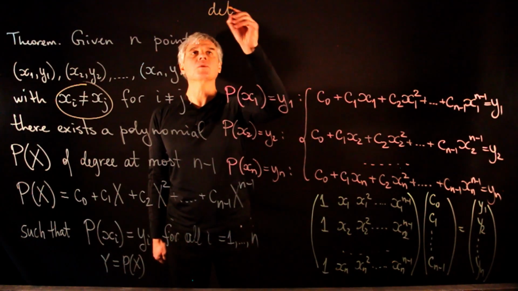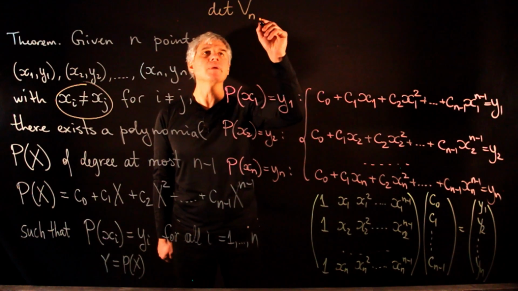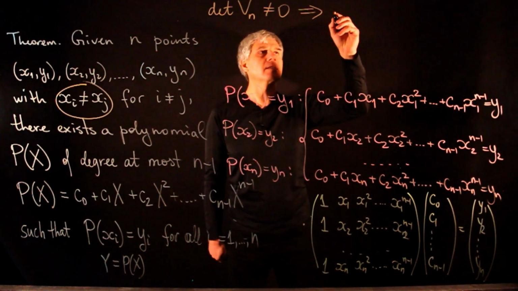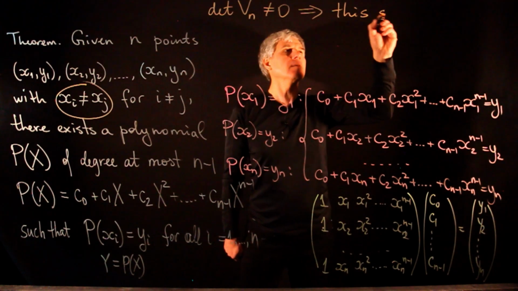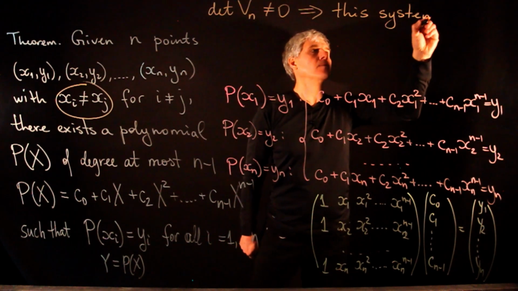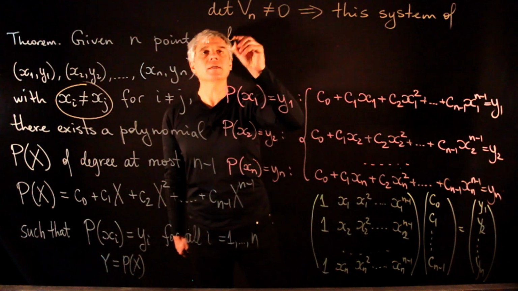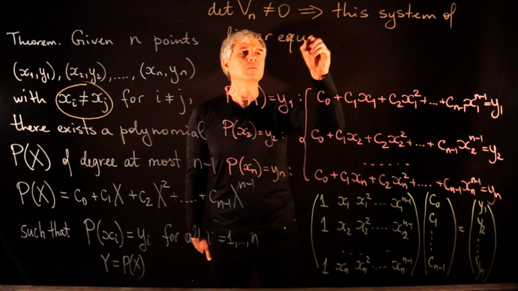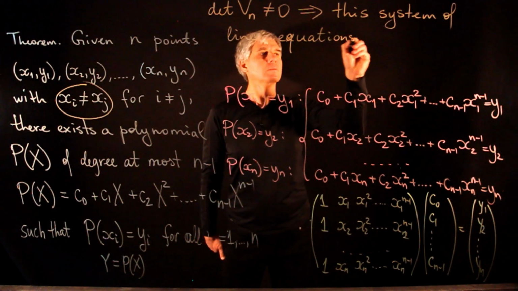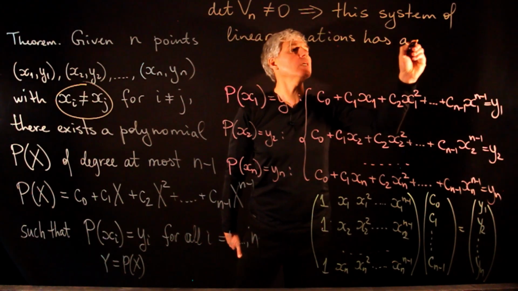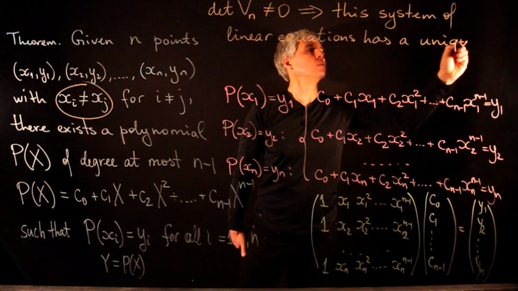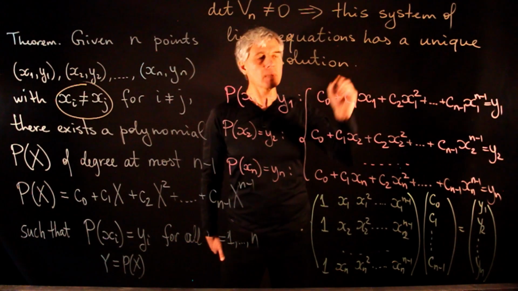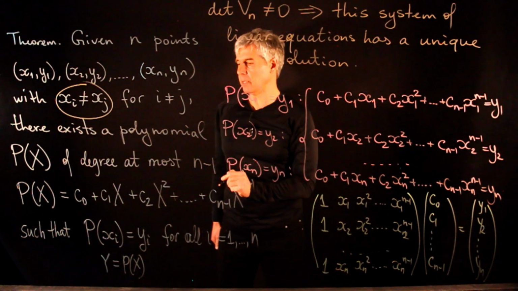Since the determinant of the Vandermonde matrix is not equal to 0, we conclude that this system of linear equations has a unique solution. And this proves the claim of this theorem.